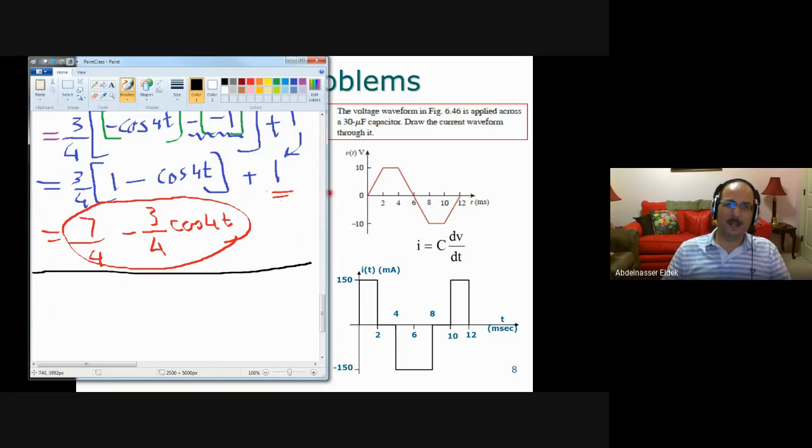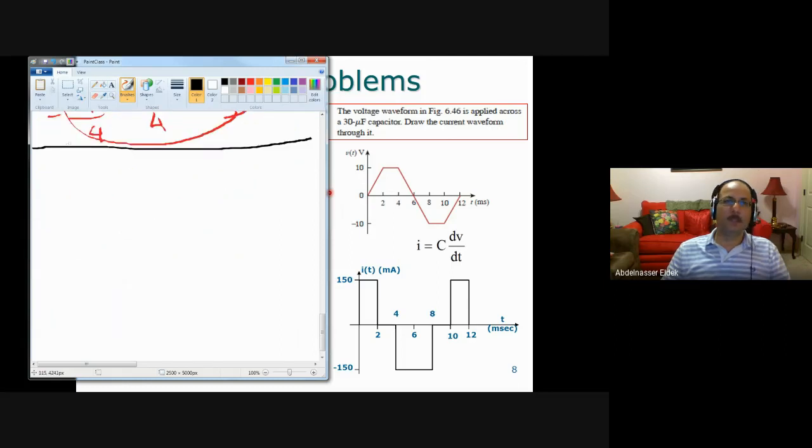So first, we need to remember what is the relation between voltage and current in the capacitor. We need to find the current I equal what? C dVc by dt. C dV by dt.